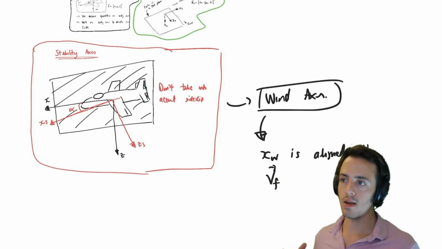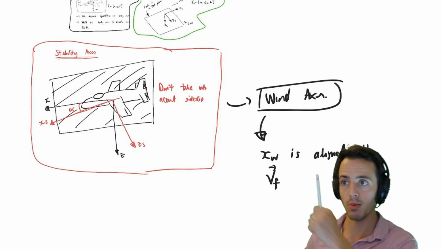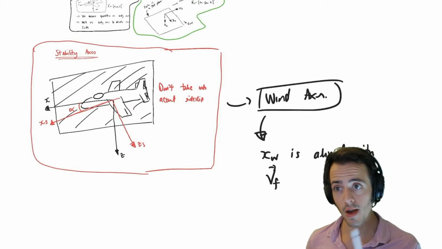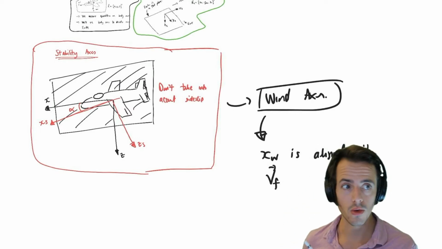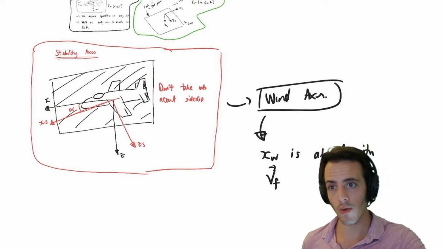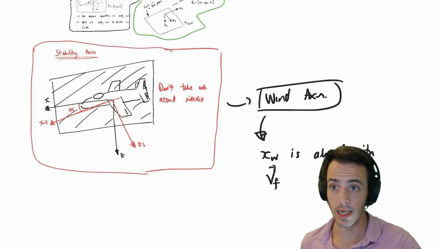You can appreciate from the diagram that we've got for stability on the website, we would align the other two components accordingly. It's a rotation around ZS.